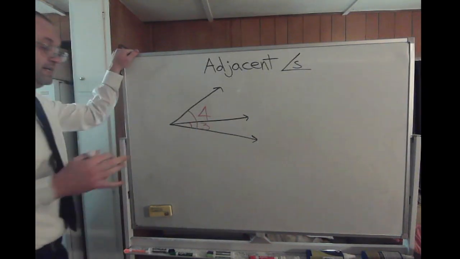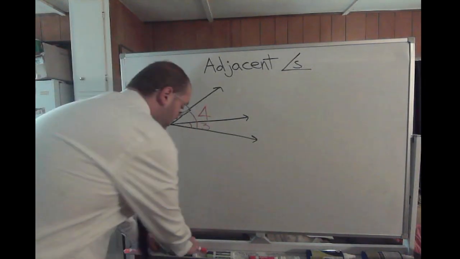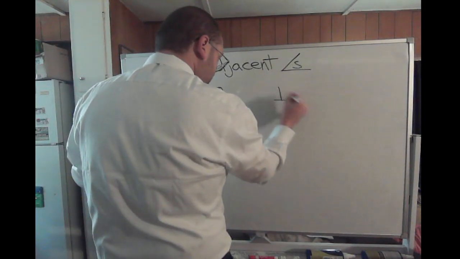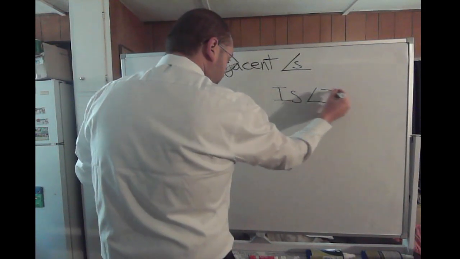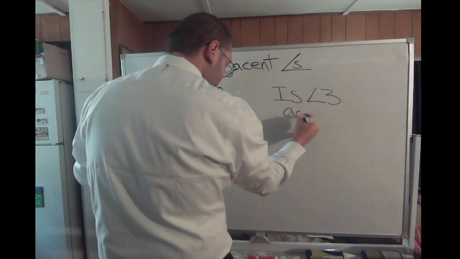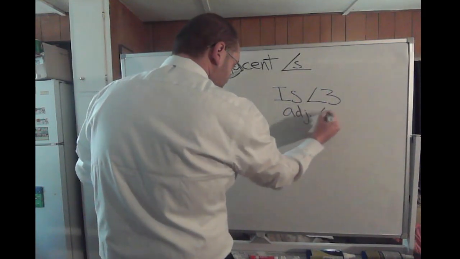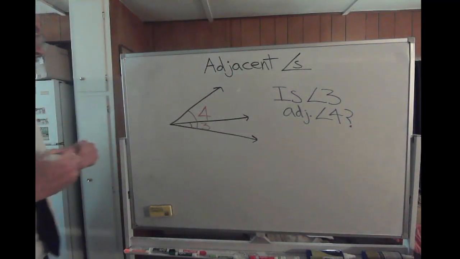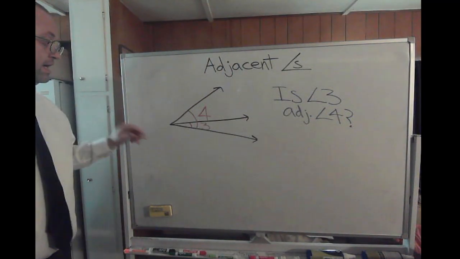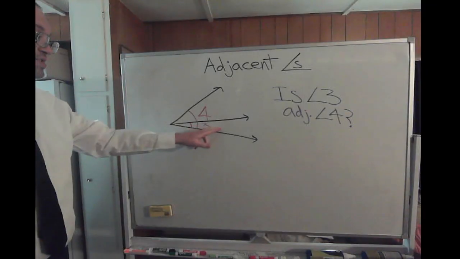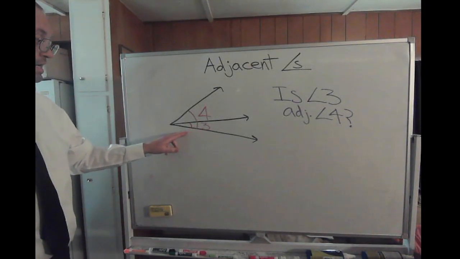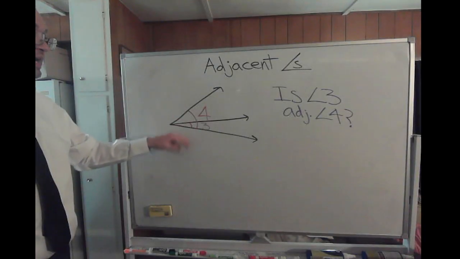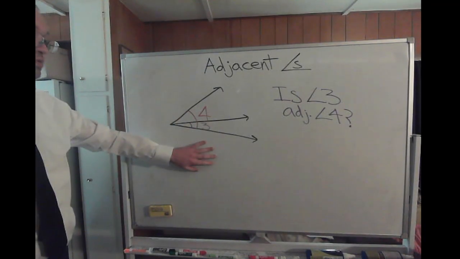The question is, is angle 3 adjacent to angle 4? Are these two angles adjacent? Well, angle 3 is just this small sub-angle here on the lower part of this whole thing. Angle 4 is the whole angle.